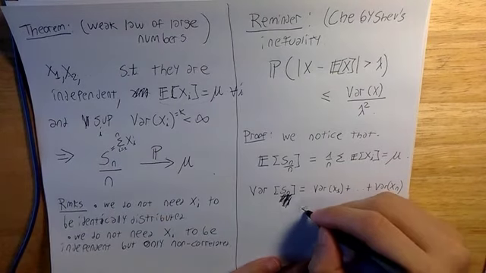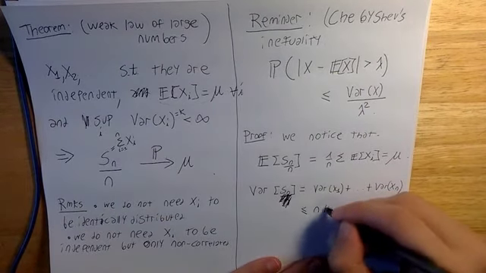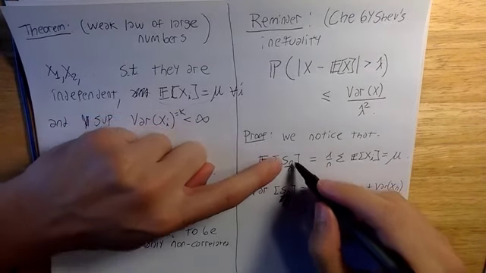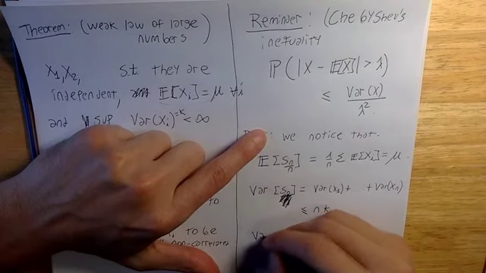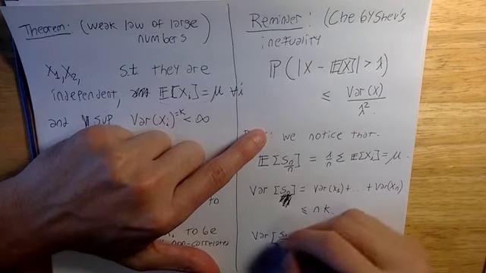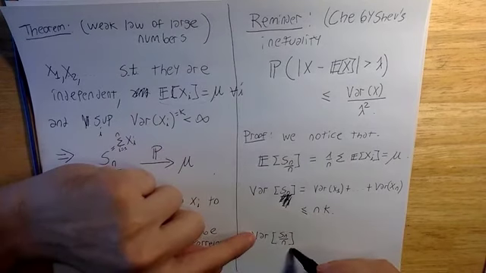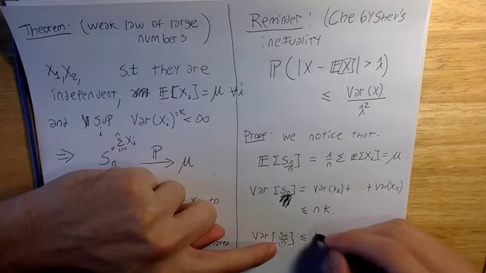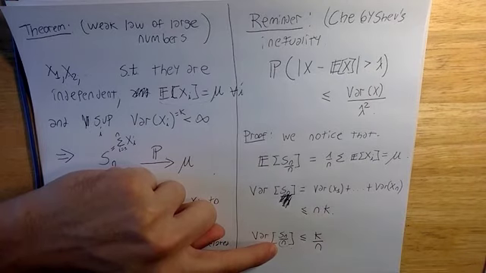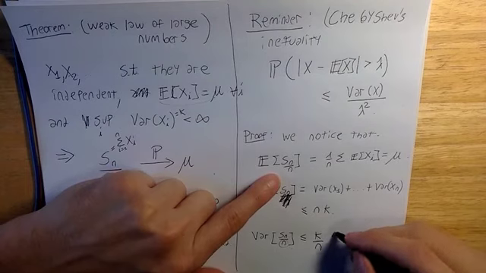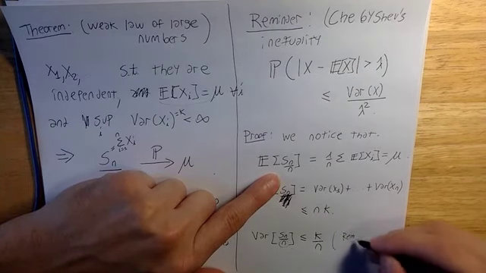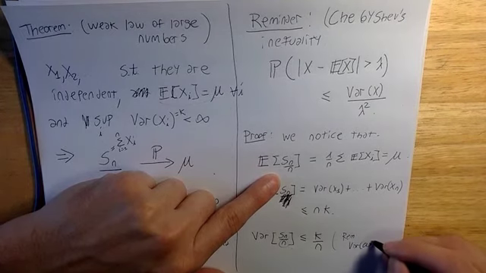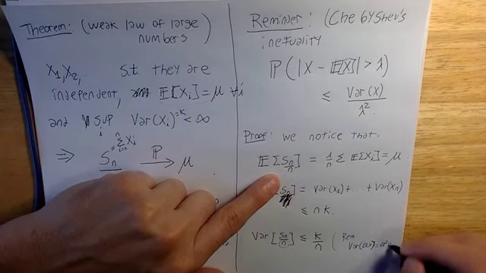So in particular, this is less than or equal to n times k. But we are interested in the variance of Sn over n. The variance is quadratic on multiplications, so in particular, this is less than or equal to k over n. Another reminder: the variance of ax is equal to a squared times the variance of x.